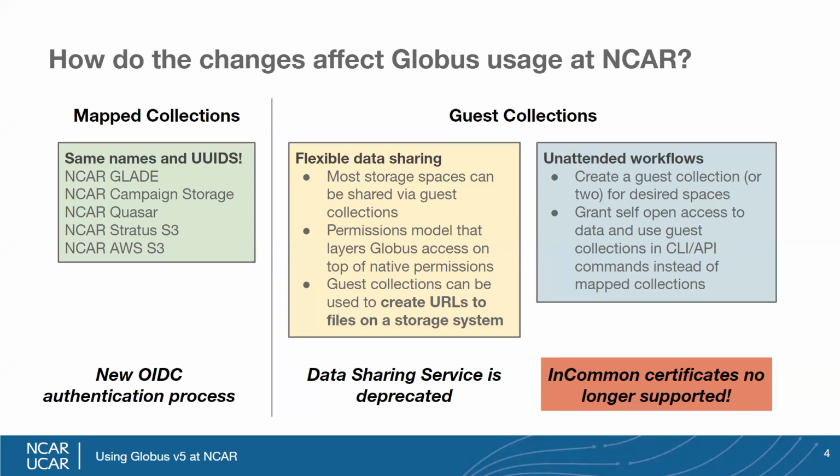You would use that guest collection in your calls in the CLI or the API instead of using our mapped collections, and that essentially bypasses the authentication process. Obviously, you'll have to authenticate to create the guest collection, but once it's created, you don't have to authenticate again to use it. So this provides, I would say, a more native way to do the unattended workflows via Globus.